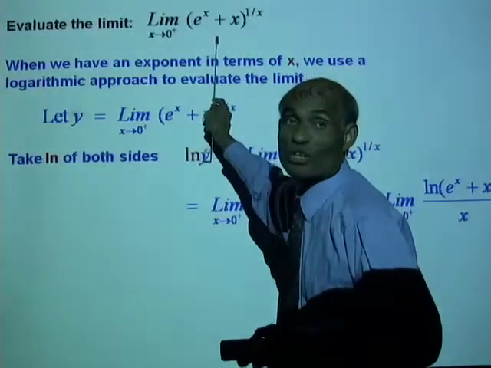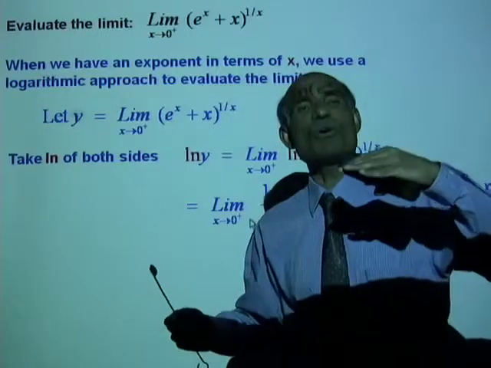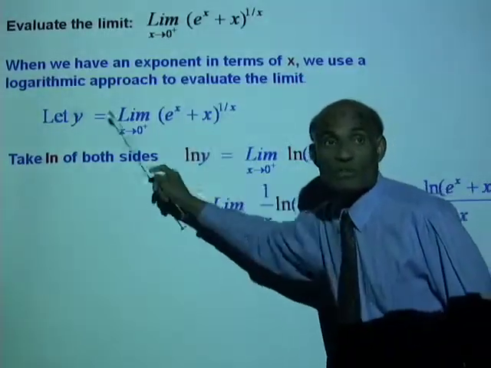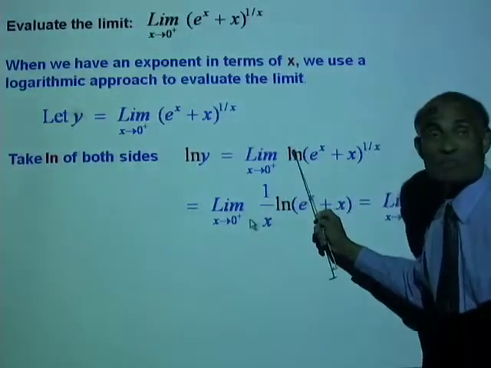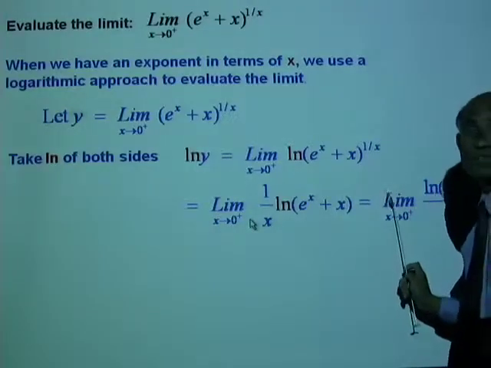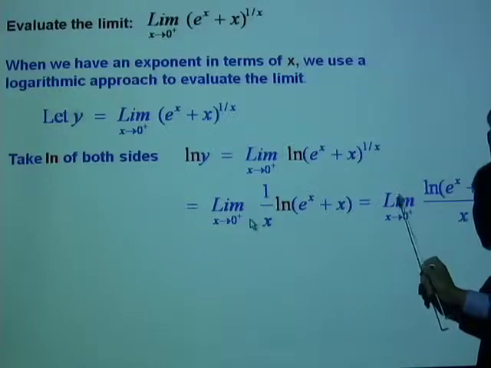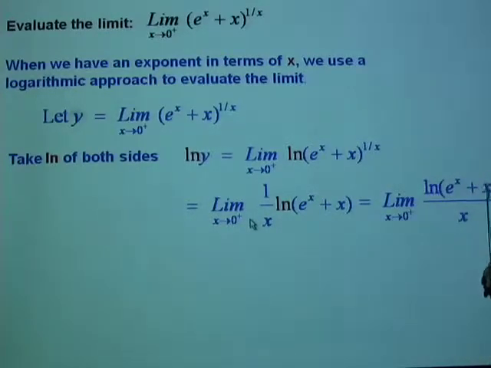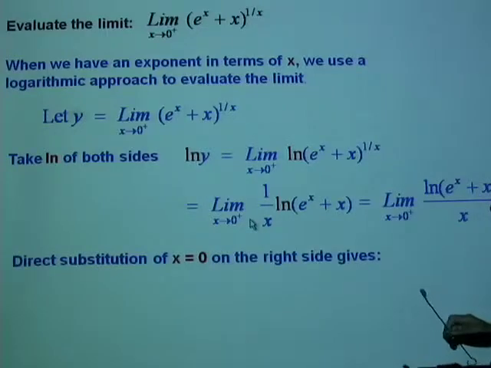Our original expression was not of f of x over g of x form, but by calling it equal to y and taking ln of both sides and simplifying the right hand side, you can see what the right hand side has now become. The right hand side is the limit as x approaches 0 from the right of ln (e to the power of x plus x) over x. This is now of the form f of x over g of x.